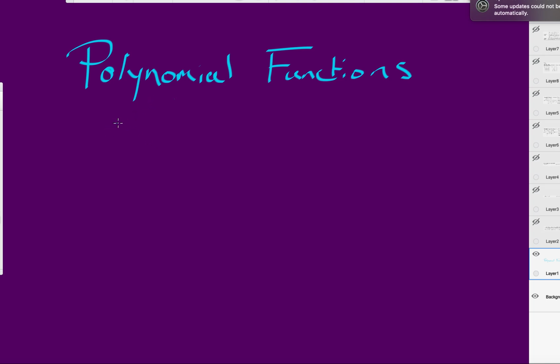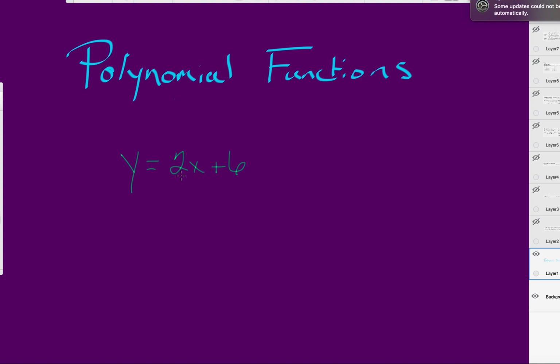So here we go. A polynomial function, remember back when you were kids, a function was y equals 2x plus 6, and this is a function because it ends up being a straight line, and it has a slope of 2, and it crosses the y-axis at positive 6. But if you started putting in numbers here, you would get a value out.